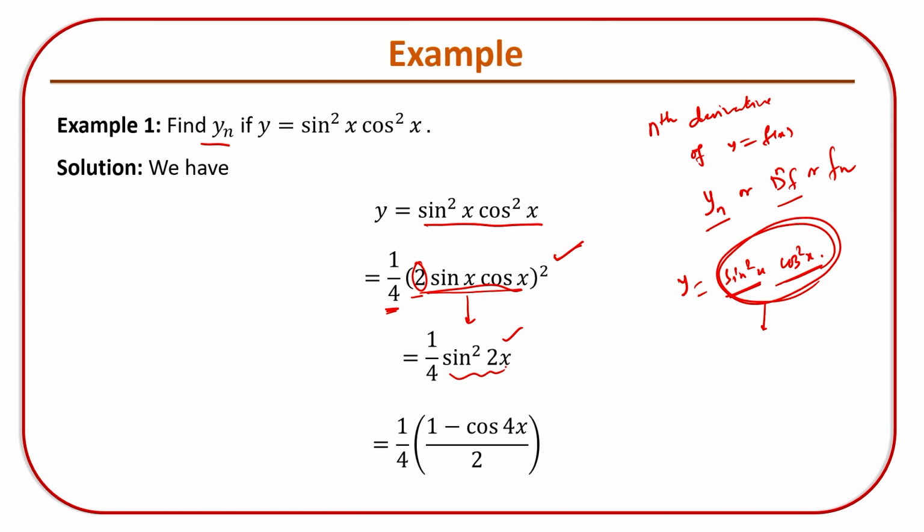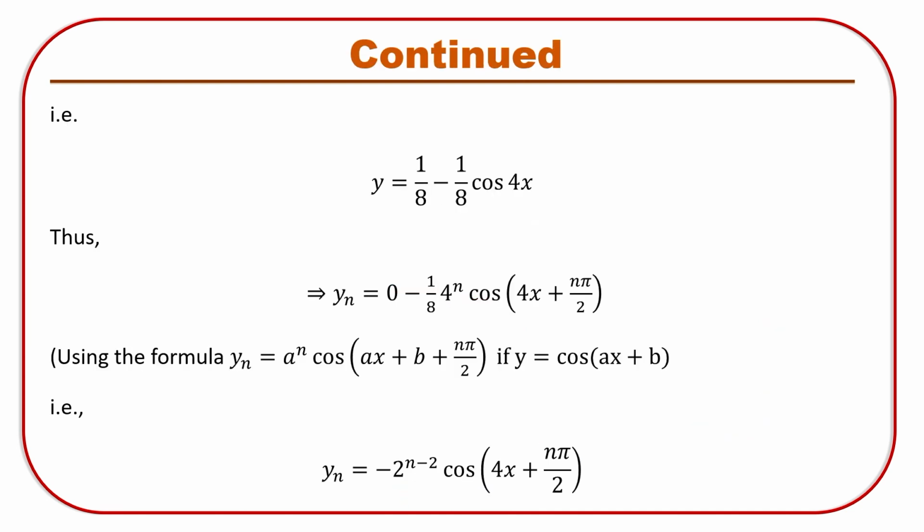Now, sin square theta can be converted using the formula (1 minus cos 2 theta) divided by 2. Using this formula, 2x becomes 4x, so we get (1 minus cos 4x) divided by 2 into 1/4, and this is simplified into 1/8 minus 1/8 into cos 4x.